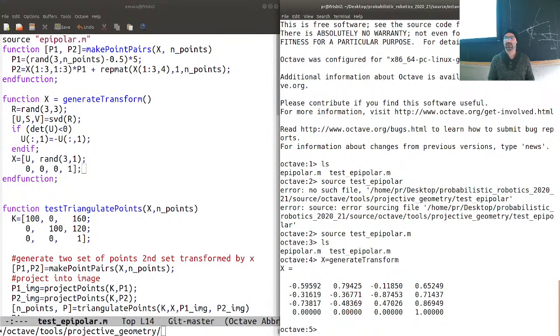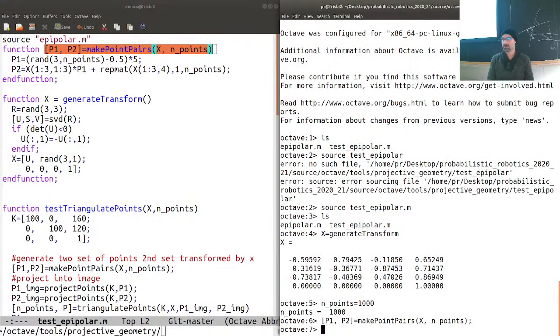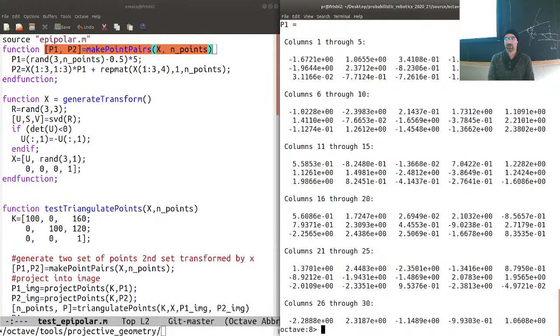Let's create a certain number of point pairs, which are the same points, but in two different reference frames, because one will be the reference frame of the first camera, the other the reference frame of the second camera, because we need to apply the projection. Just n points, 100 points, 1000. We generate these points. P1, these are the points, right? Generated by me.